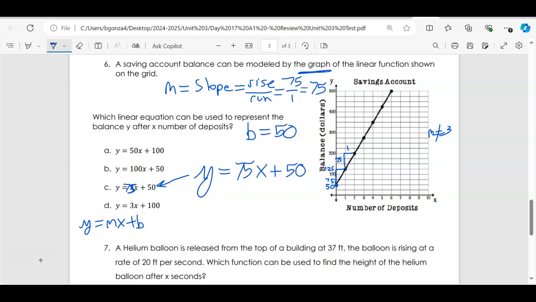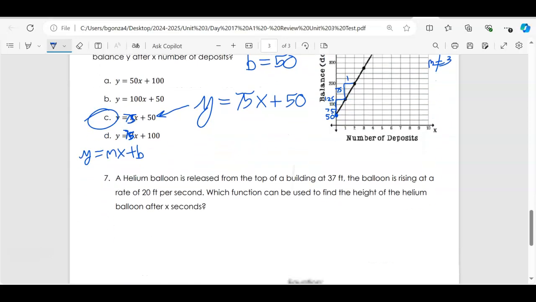On your printout, it's going to have the right numbers, I promise. 75x plus 50. Have to make sure I remember to fix that. But the y-intercept is definitely not 100. Yeah, 75x plus 50. Alrighty.